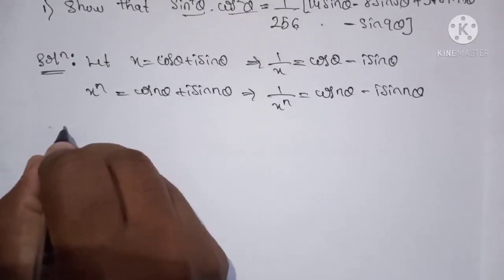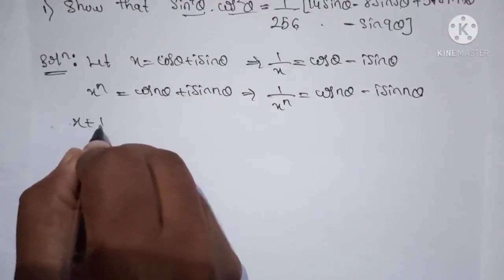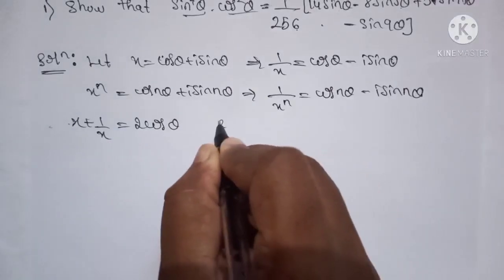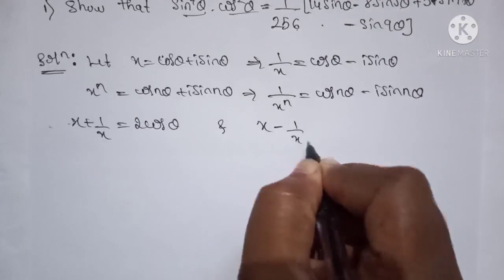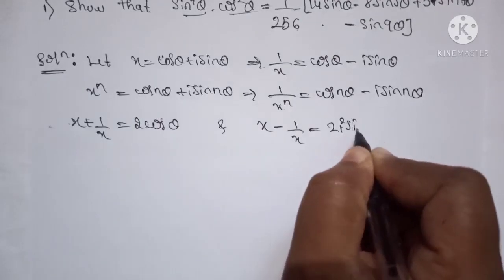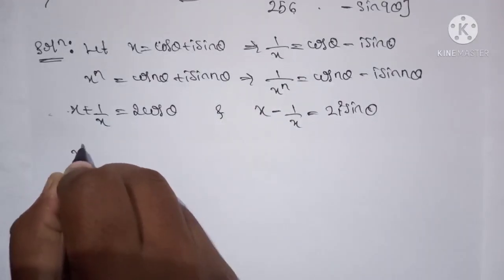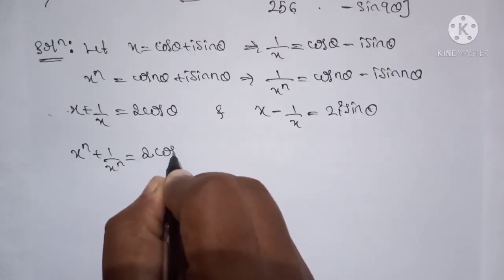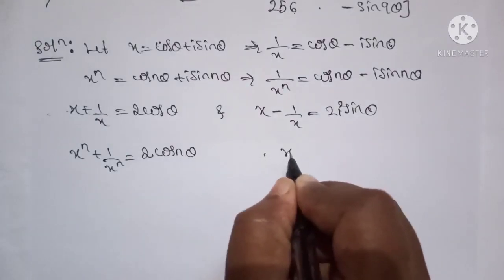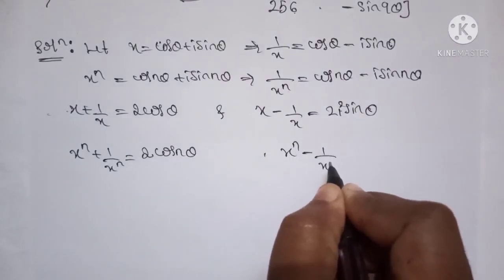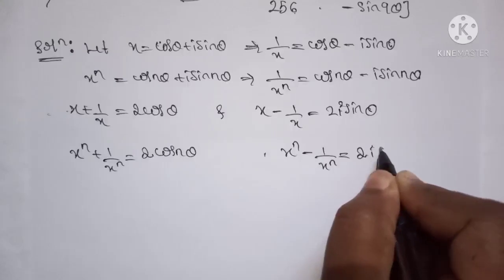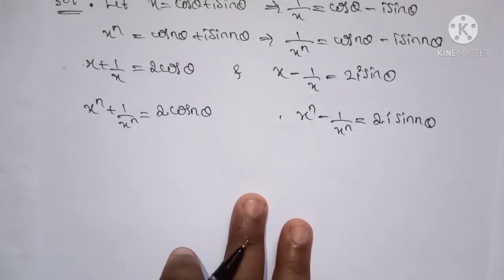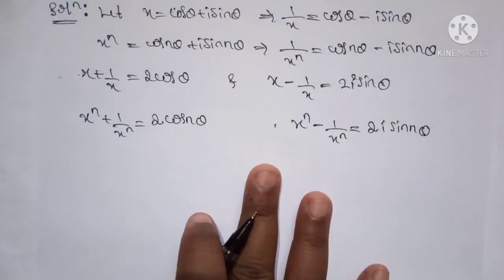And consider x plus 1 by x is equal to 2 cos theta, and x minus 1 by x is 2i sin theta, and x raised to n plus 1 by x raised to n is equal to 2 cos n theta, x raised to n minus 1 by x raised to n is equal to 2i sin n theta. Okay, so we should write first all these terms.